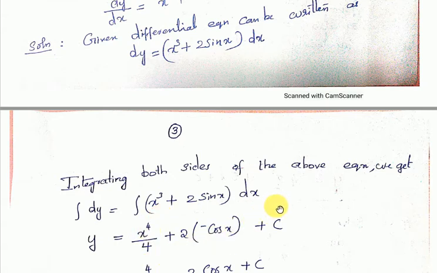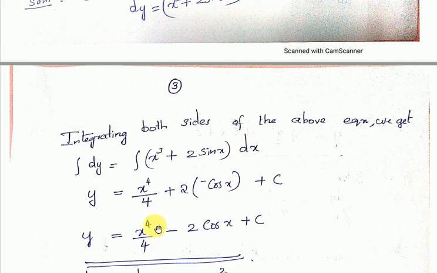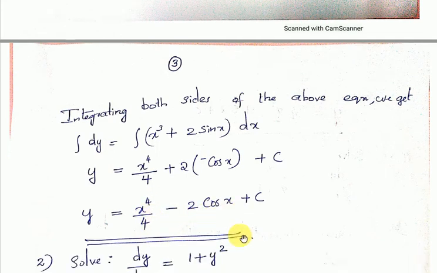What is the general form of integral x raised to n dx? X raised to n plus 1 divided by n plus 1. That is x raised to 4 by 4 plus 2 into integral of sin x, that is minus cos x, plus c. That is y equal to x raised to 4 by 4 minus 2 cos x plus c.